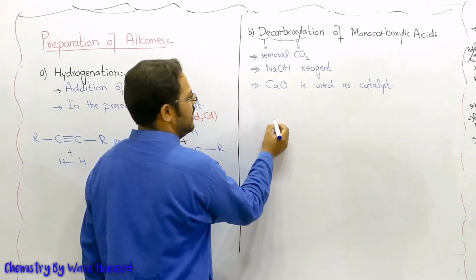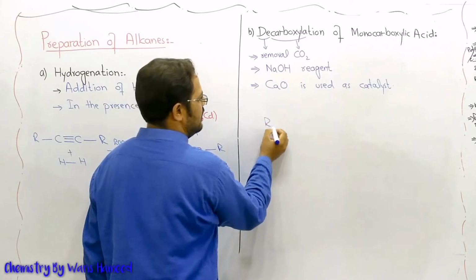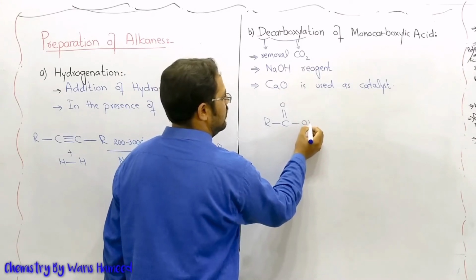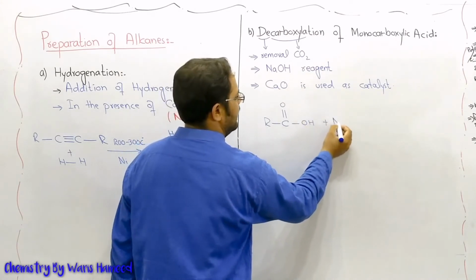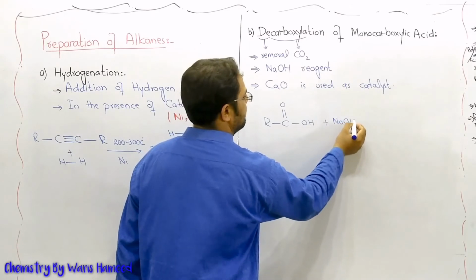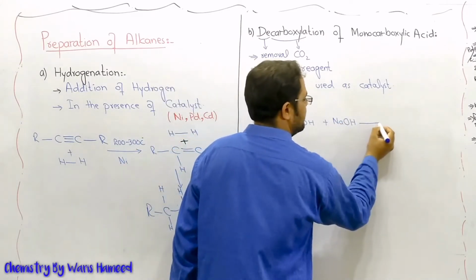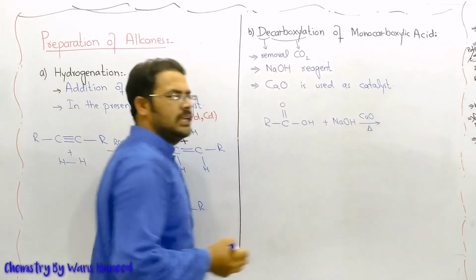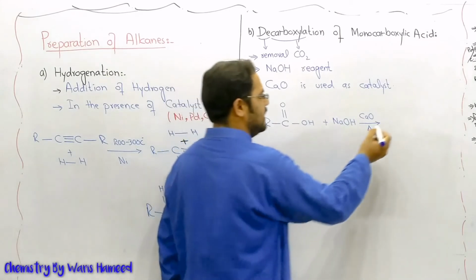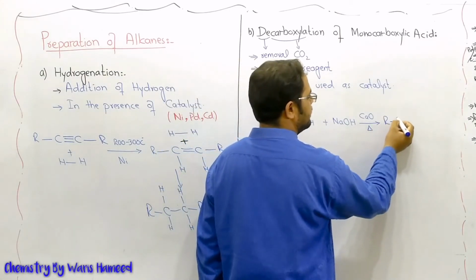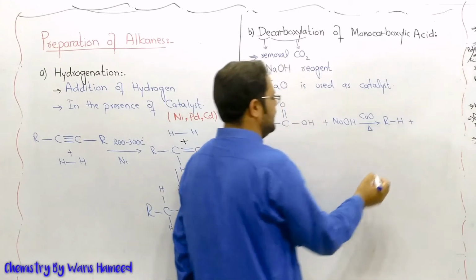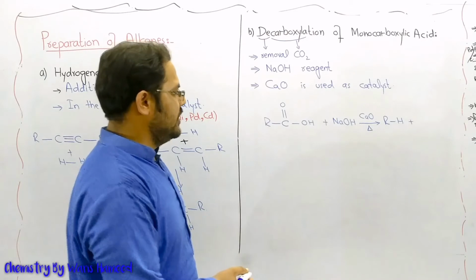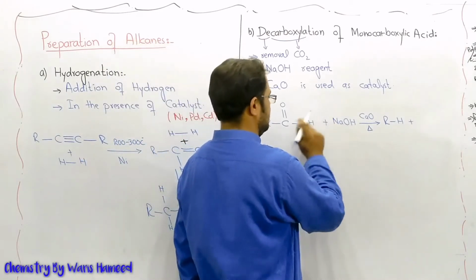For example, if we have a monocarboxylic acid, C double bond O, OH, and here is NaOH, in the presence of catalyst CaO and by heating, it will form an alkane, and the side product will be NaHCO3.